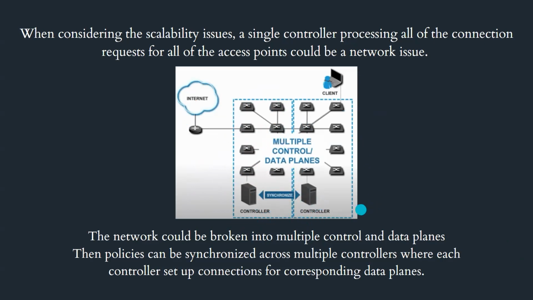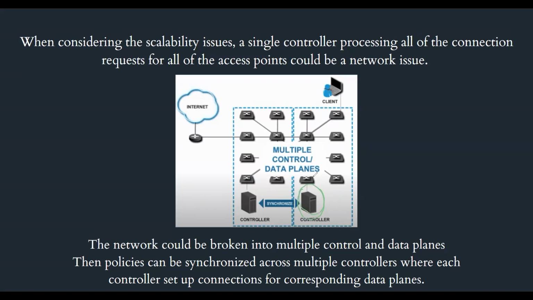If we have a large network, we can divide it into several sections, and give one controller for each section. And we can define what is the area that a certain controller is responsible for, right? We can assign some set of routers and switches to one controller, and another set of routers and switches to another controller.